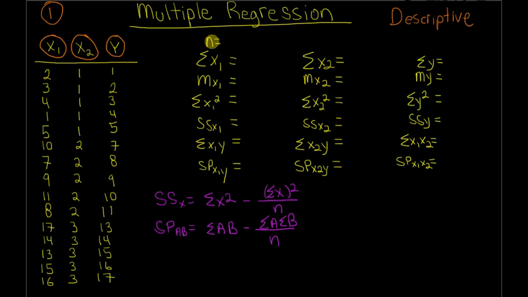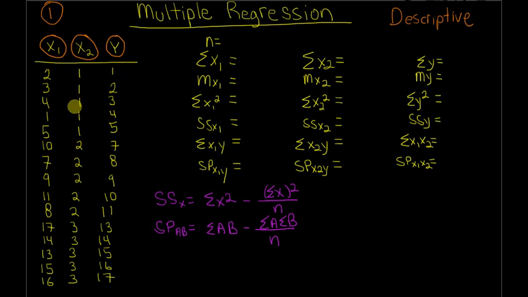Now, I always start with n. N is the number of cases, and we know that each of these values belongs to one data point, you could say. So one individual person was perhaps measured on variable x1 and they got a value of 2, and then they were also measured on variable x2 and they got a value of 1, and we're trying to predict what their value would be for variable y, and here you can see they obtained a value of 1.